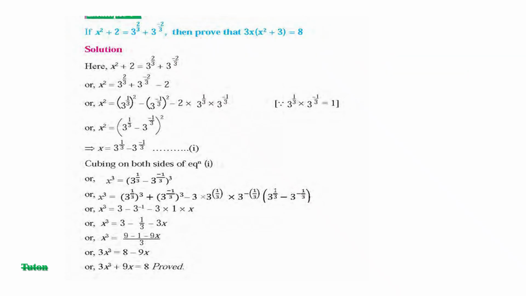Here, to solve this problem, we are going to use two formulas, which are a minus b squared is equal to a squared minus 2ab plus b squared.